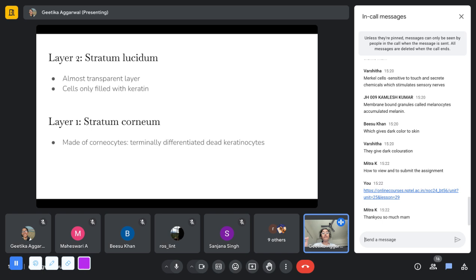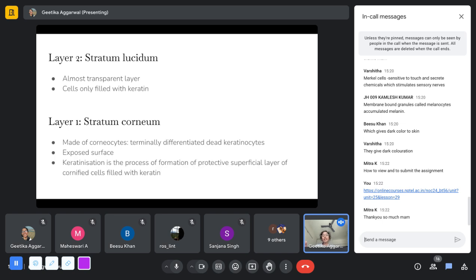It is made up of dead keratinocytes, because by the time the keratinocytes move from the stratum basale towards the corneum, they differentiate, and the corneum is made up of terminally differentiated keratinocytes, also called corneocytes. These are dead keratin cells which stay here for about 2 weeks before they are shed off from the skin. This is the surface that's exposed to the outermost environment.